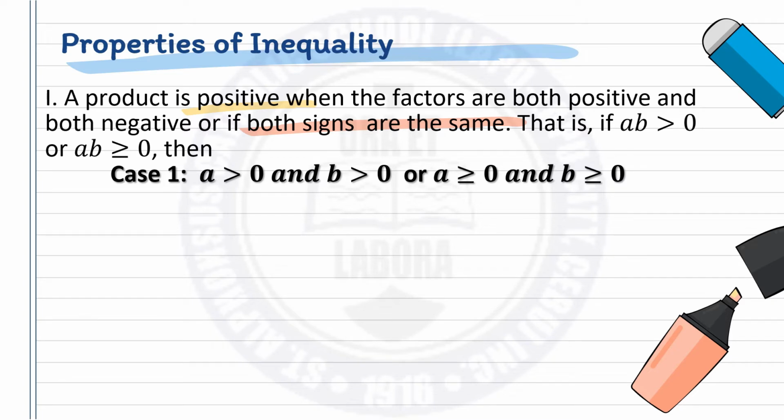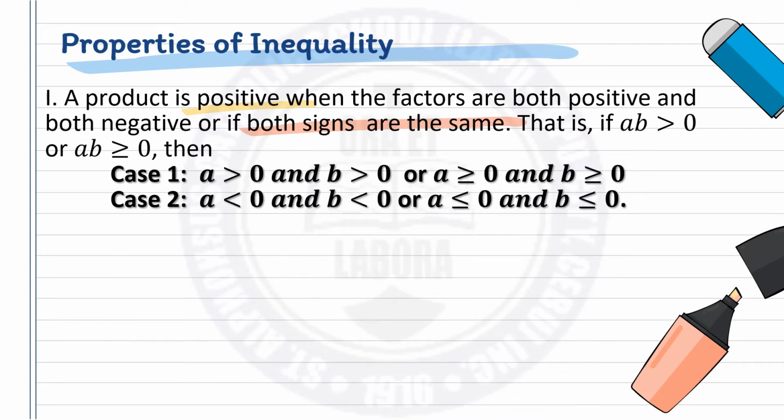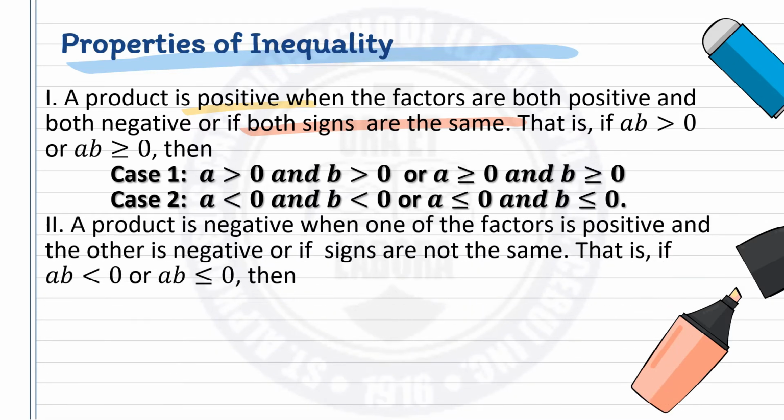Case 1, A is greater than 0 and B is greater than 0, or A is greater than or equal to 0 and B is greater than or equal to 0. For case 2, you will have A is less than 0 and B is less than 0, or you can have A is less than or equal to 0 and B is less than or equal to 0.